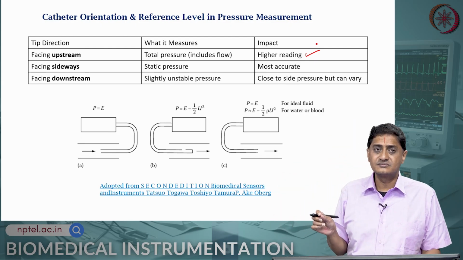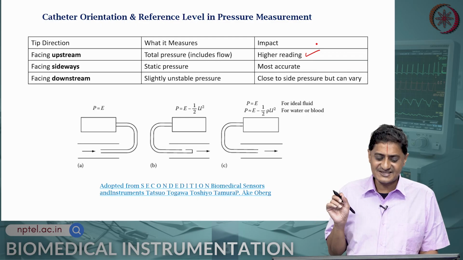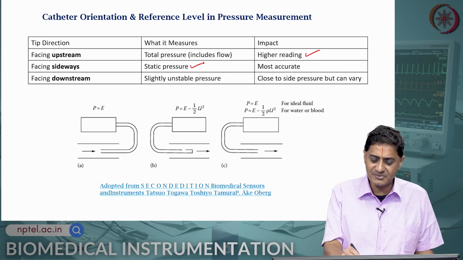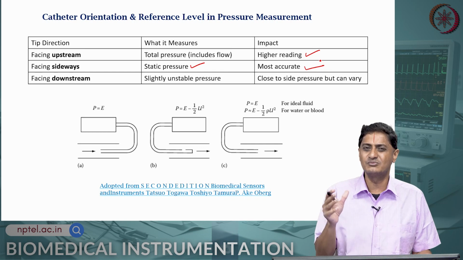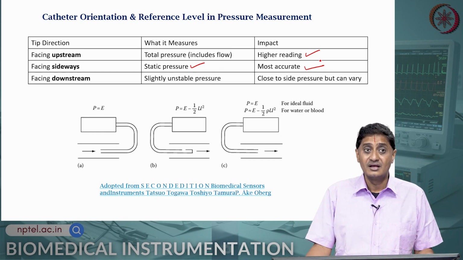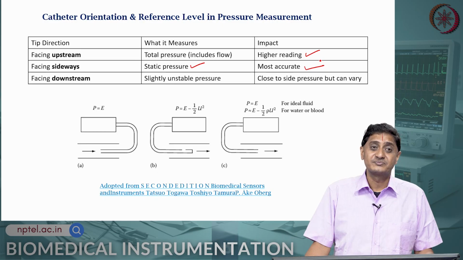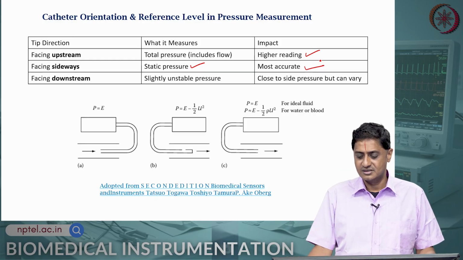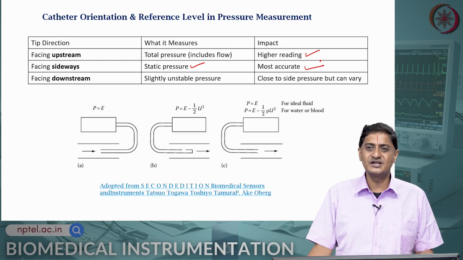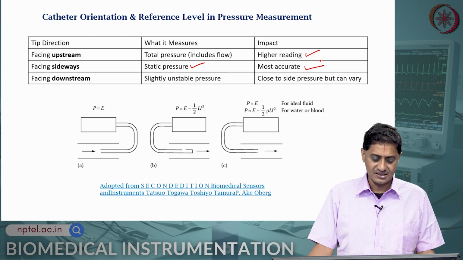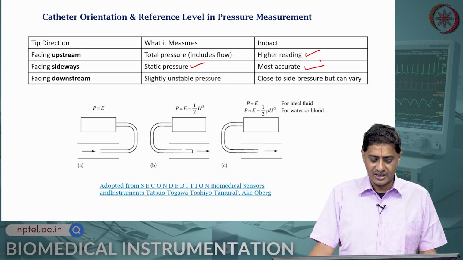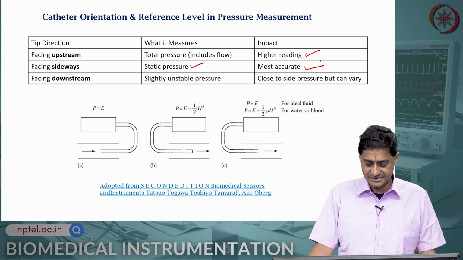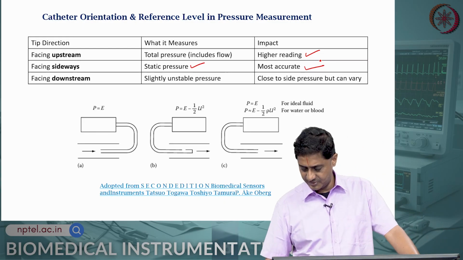If the catheter tip is facing sideways, then it essentially measures the static pressure and it is almost always the most accurate measure. If the tip is facing downstream, usually it is highly unstable, there are oscillations. It is usually close to side pressure but can vary a lot. So, how and where you place the tip matters a lot.